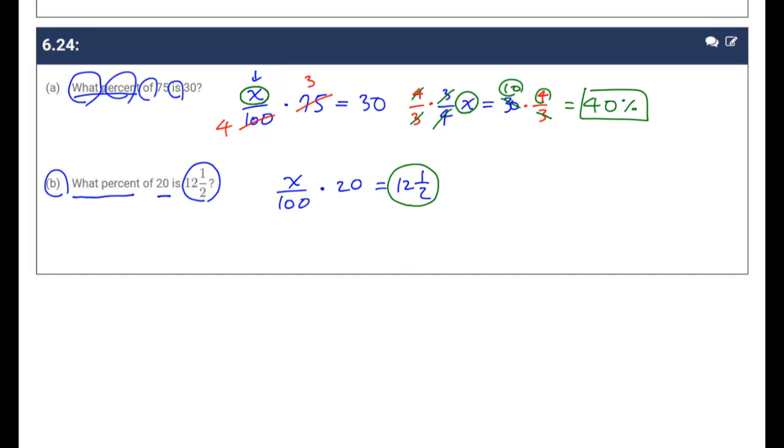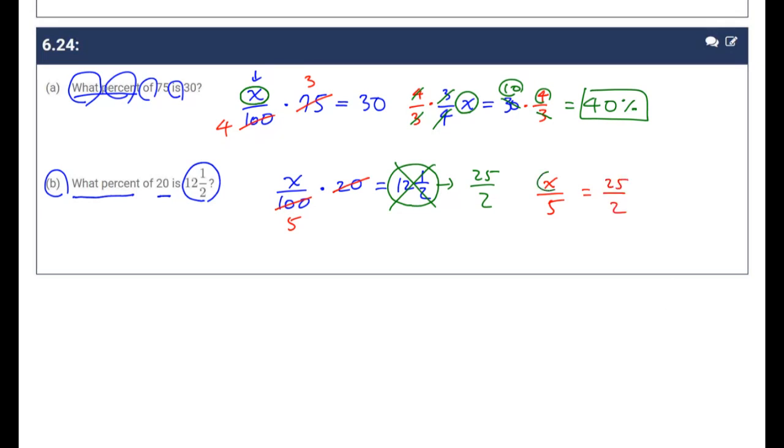Okay, and this will be then 25 over 2 instead of 12 and 1/2, right? Now, I can reduce these two at this point. 20 goes into 100 5 times. So if I rearrange this question, it will be x over 5 should equal 25 over 2.